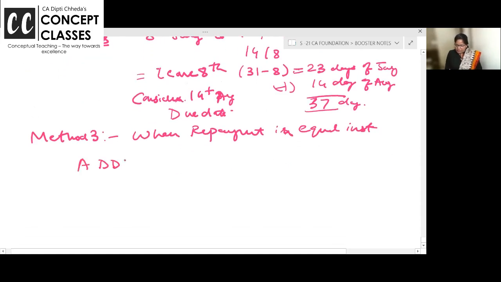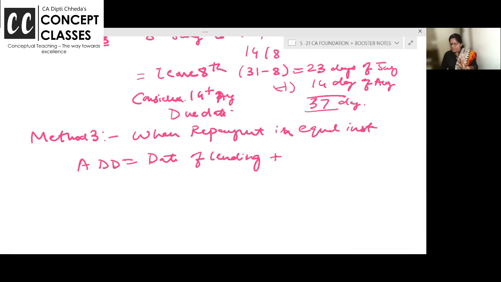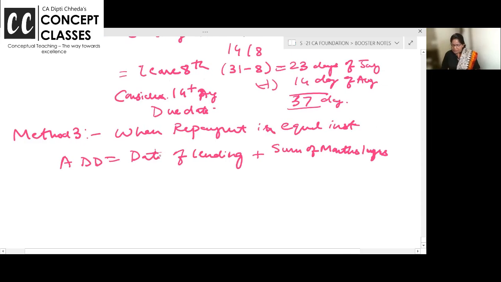So average due date is equal to date of lending plus sum of months or years. लिखो लिखो मैम, बुक में प्रिंटेड है तो भी लिखो so that दिमाग में भी प्रिंट हो जाए.